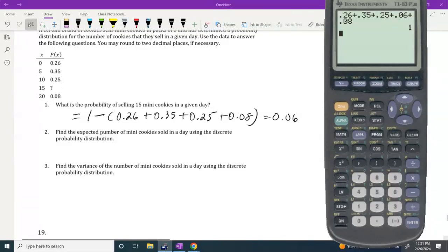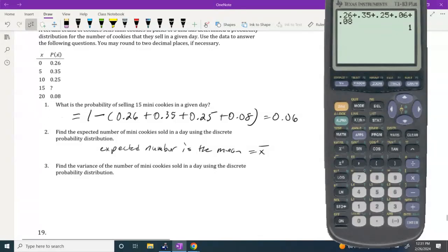So now 2 says find the expected number. Remember that expected number is the mean, which is X bar. So in order to find that expected number of mini cookies sold in a day, we're going to put X in as list 1.